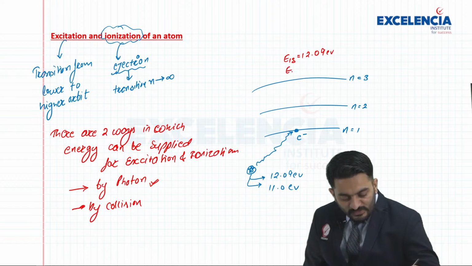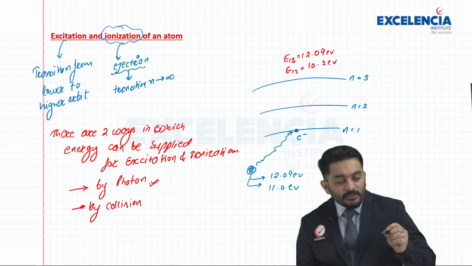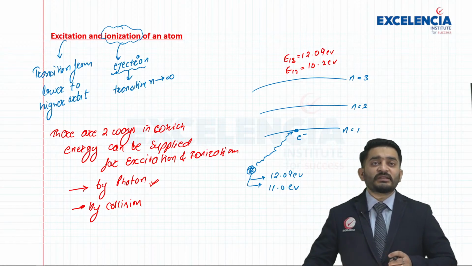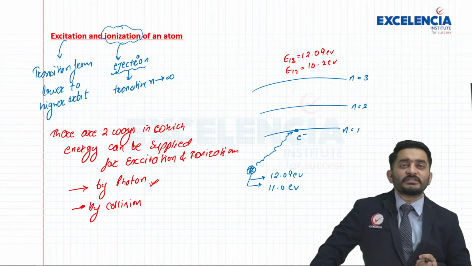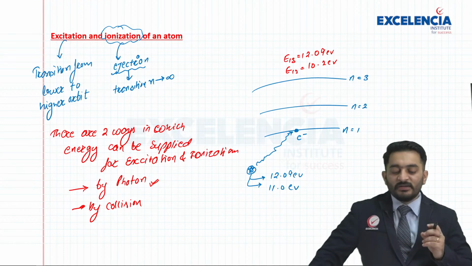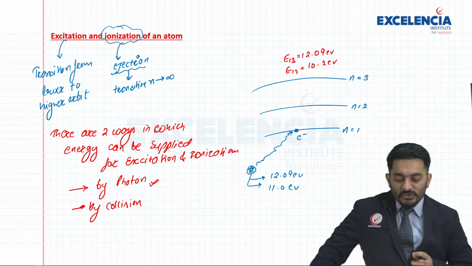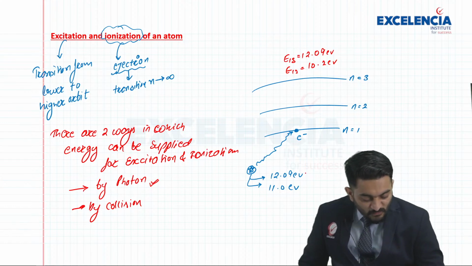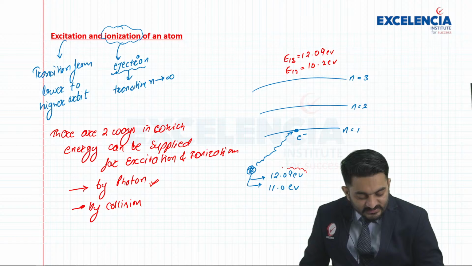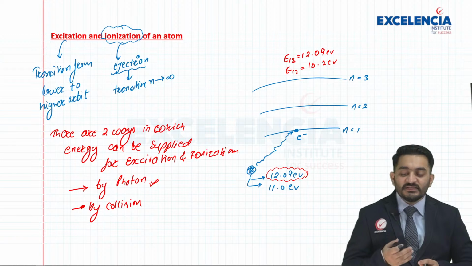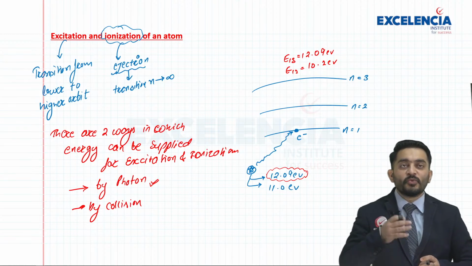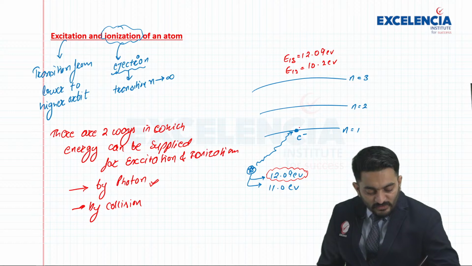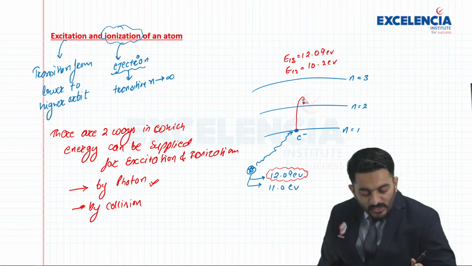And the transition from 1 to 2 requires an energy of 10.2 electron volt. The beauty of this expression is that the electron will accept only the energy which matches the exact difference of the energy levels. So here, with the two energy levels, the one it will accept is 12.09. You can't say that 11.0 electron volt is more than 10.2, so the electron can go to n equal to 2 and come back. No, it will never happen.